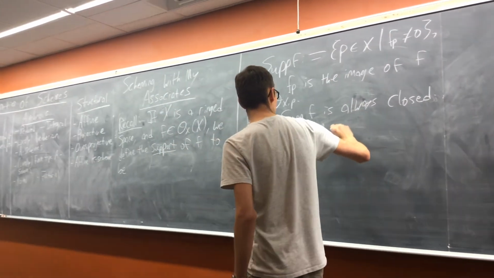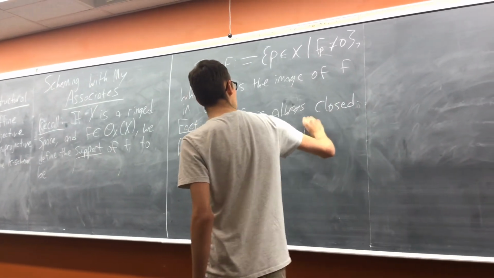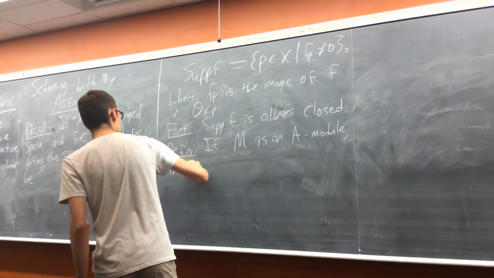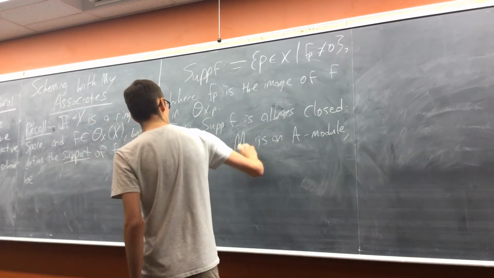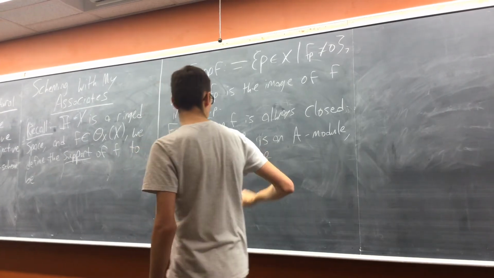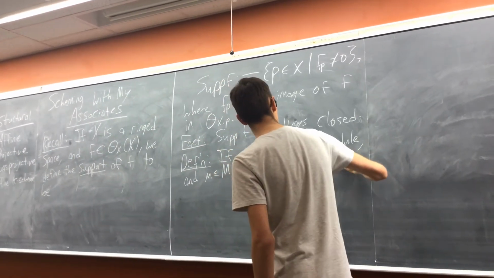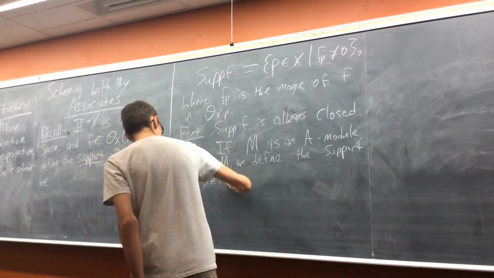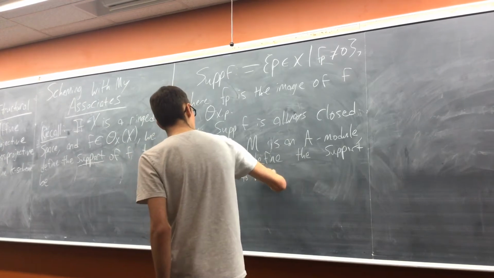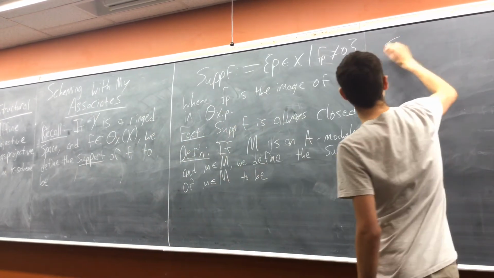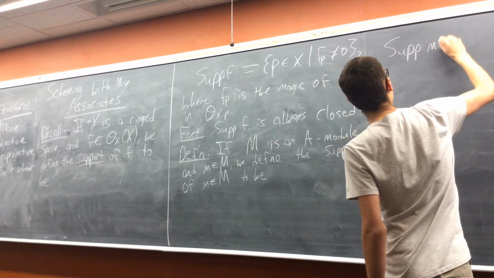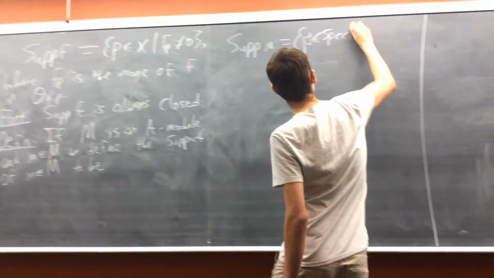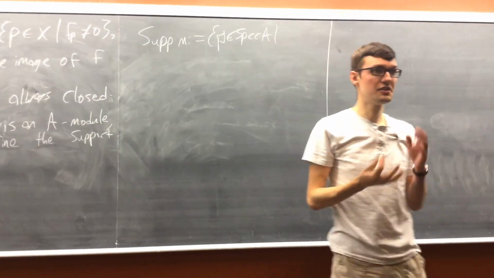So if I've got an A-module M, and you give me an element m of the module, we'll define the support of any element of M to be some subset of Spec A, defined in an analogous way.